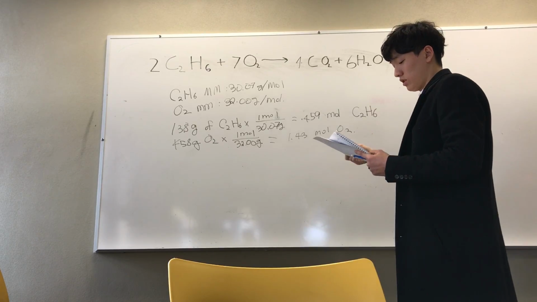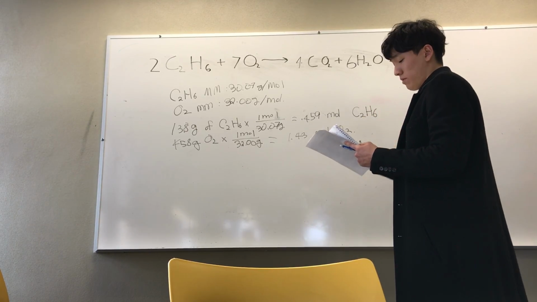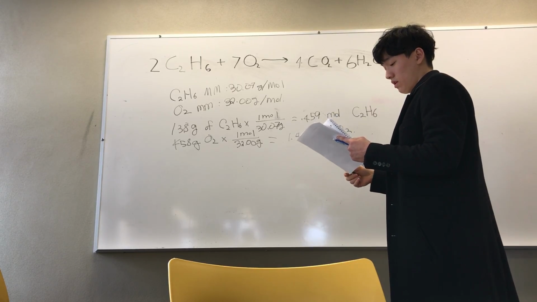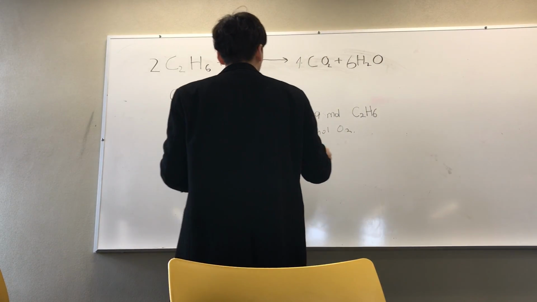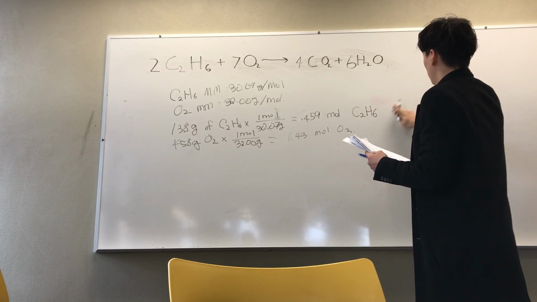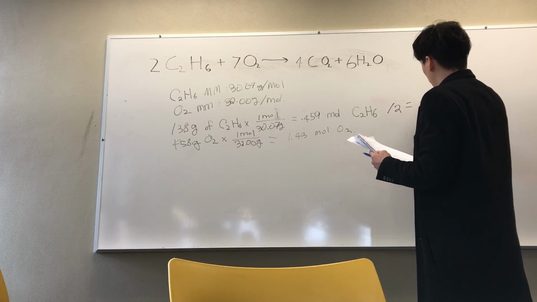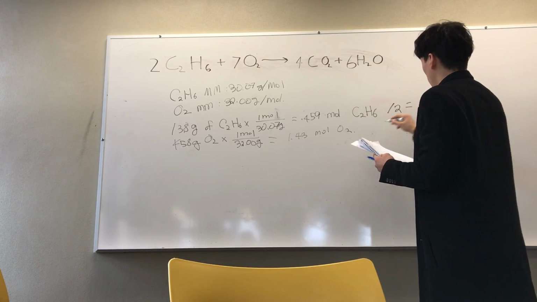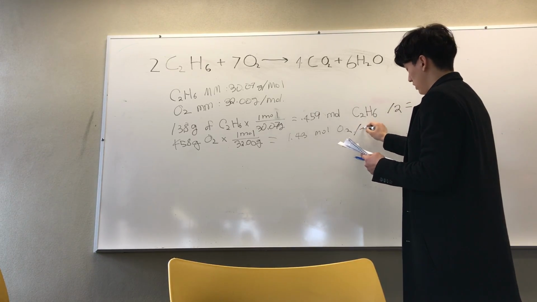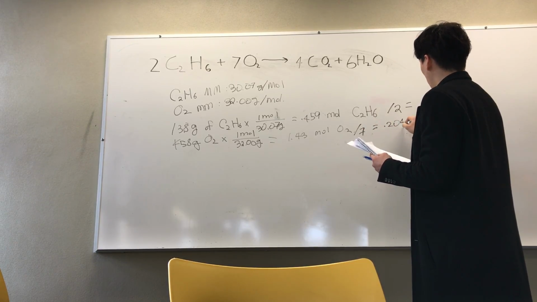If you see these numbers, you might think ethane is the limiting reactant, but it is not true because we have to divide these numbers by the molar ratio, and if we do that, 0.405 divided by 2 equals 0.203, and 1.43 divided by 7 equals 0.204.